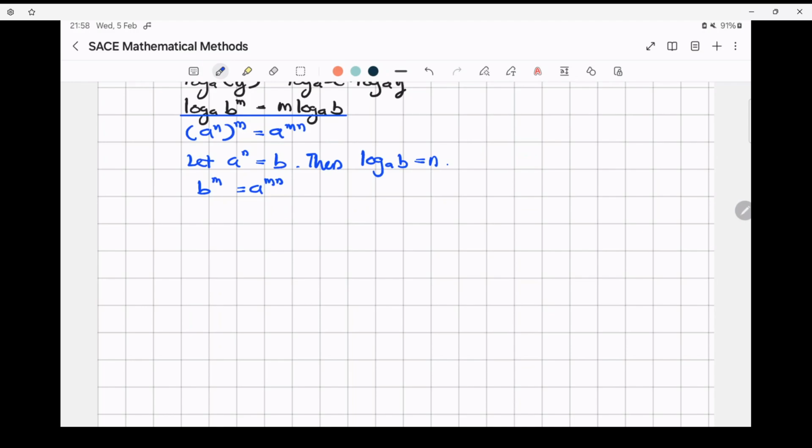Then we apply the definition of logarithm.